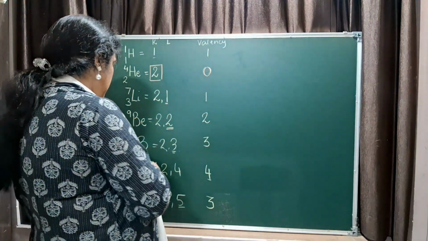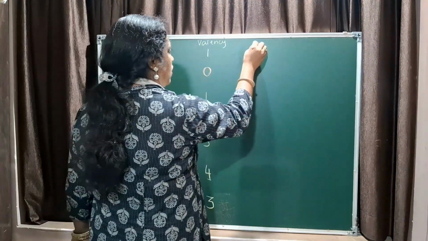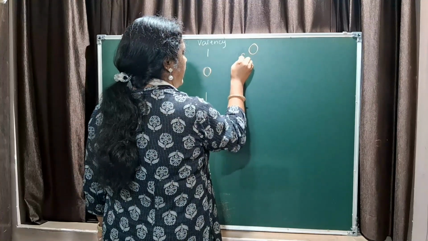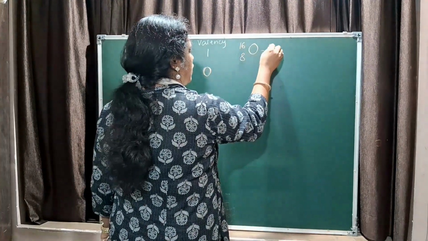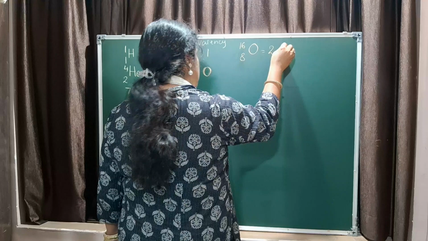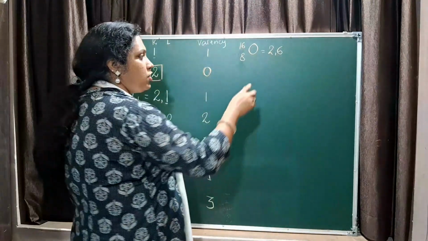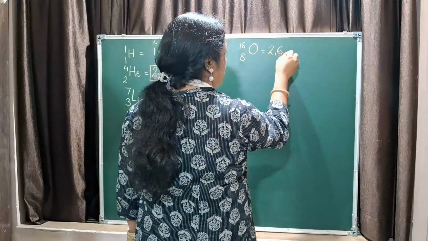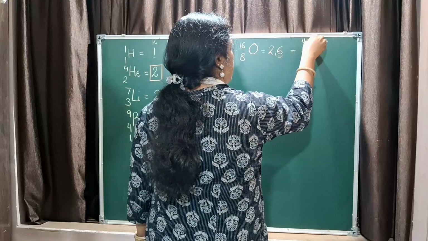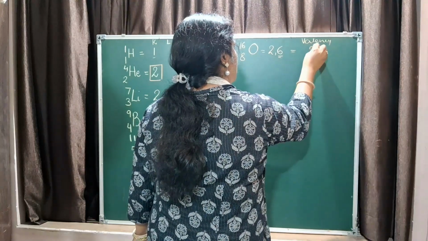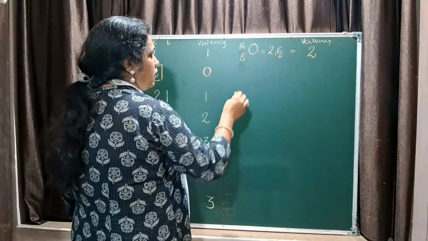Correct. Similarly, when you talk about oxygen, that is 8 and 16, 2, 6. So how many electrons it requires? It requires 2 electrons. So valency becomes 2, right?